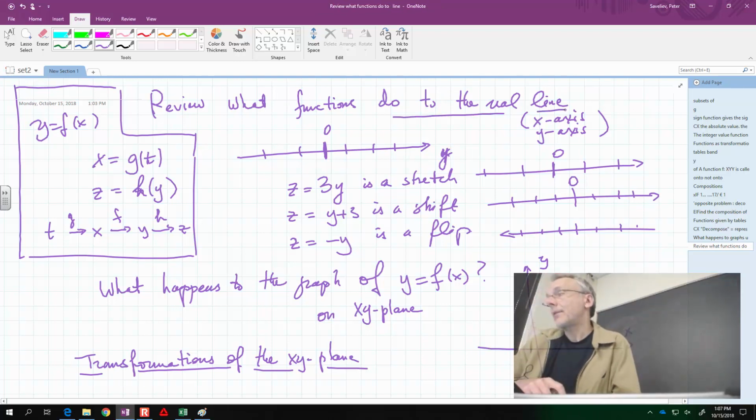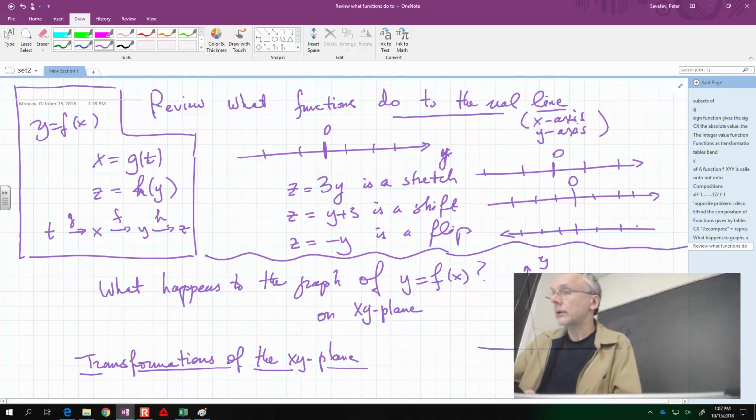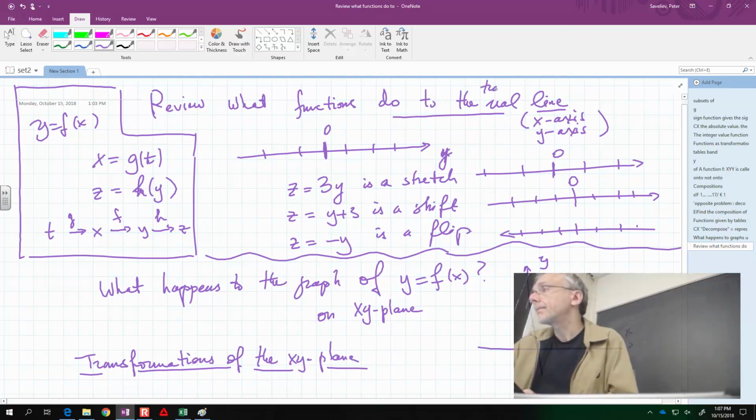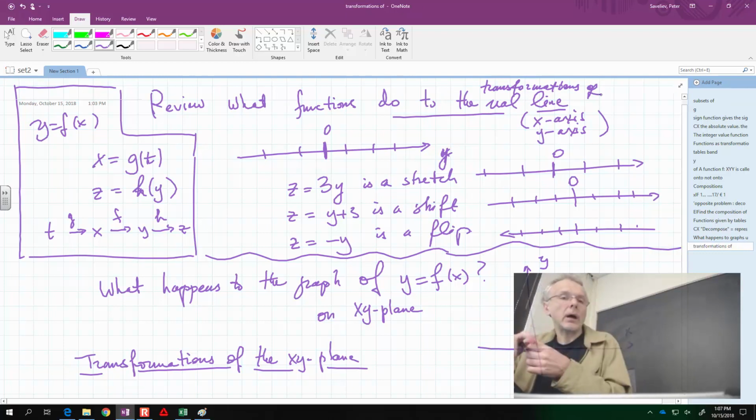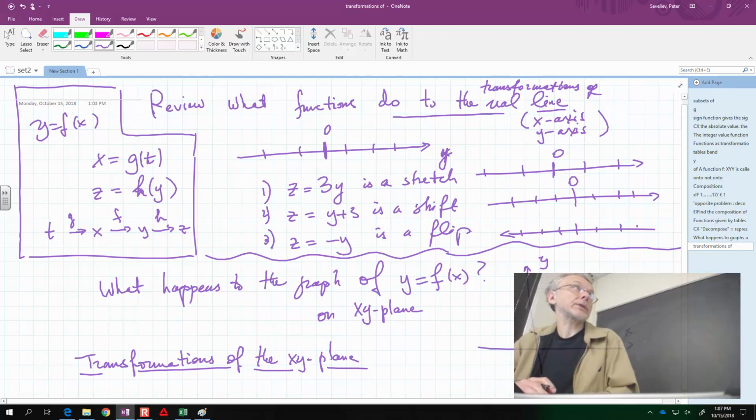We have been doing this previously, and this is a review of a transformation of the real line, or of the x-axis. You transform the x-axis, we know how. Those are the three main operations. You can transform the y-axis, once again, three main operations. Combined together, they will produce a transformation of the xy plane.